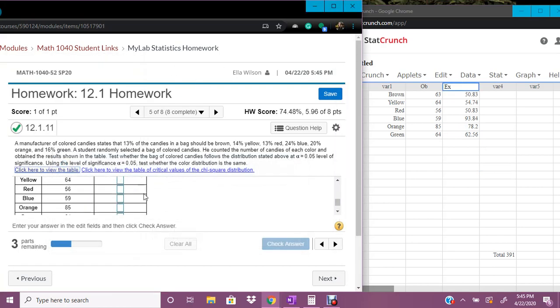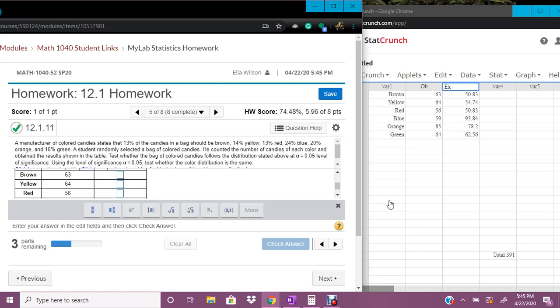So now we need to type this all in here. The reason why I put it in StatCrunch first is because we're going to end up using it. I found it easiest to do it this way, writing it down in StatCrunch.